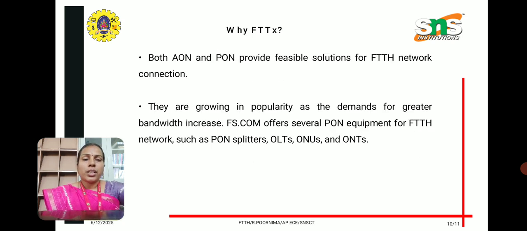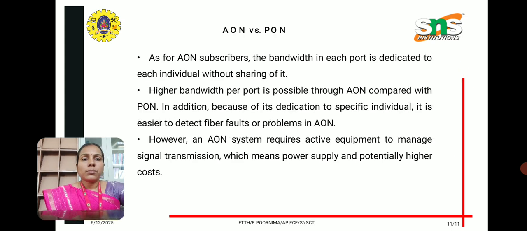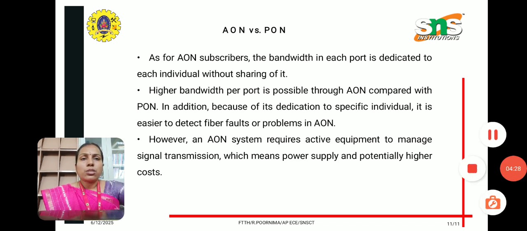So why FTTH? Both AON and PON networks provide feasible solutions for FTTH network connection, as there are demands for greater bandwidth. And the comparison between active optical network and passive optical network: for active network subscribers, bandwidth is dedicated to each individual without sharing, and higher bandwidth per port is possible through AON.